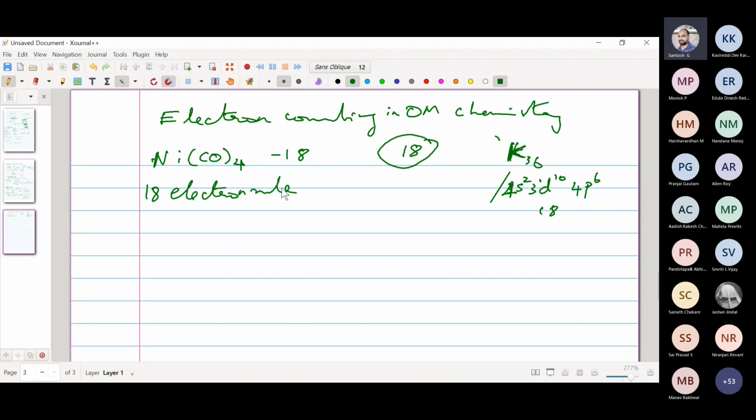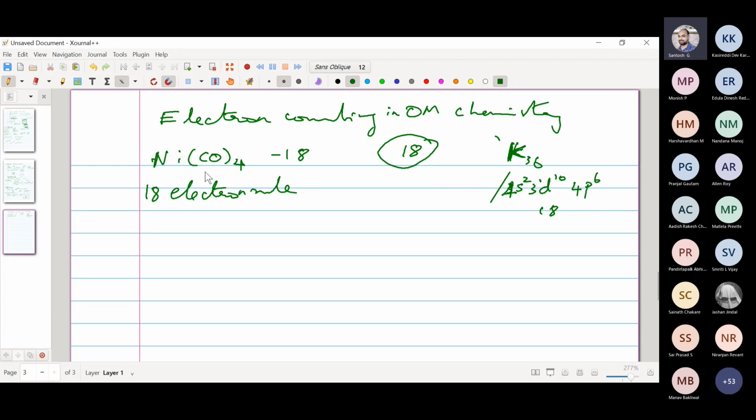Now, how do I say that nickel tetracarbonyl has 18 electrons? Okay. Now, before we go there, carbon monoxide is considered to be a neutral ligand or a charged ligand. That's something important for you to consider first.